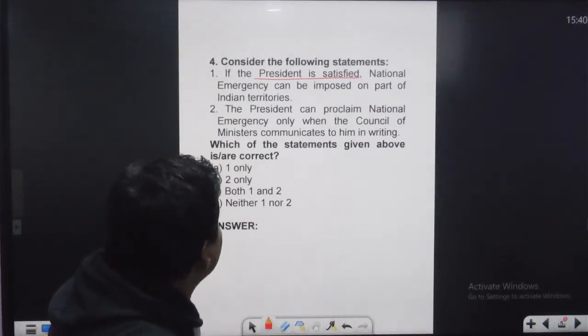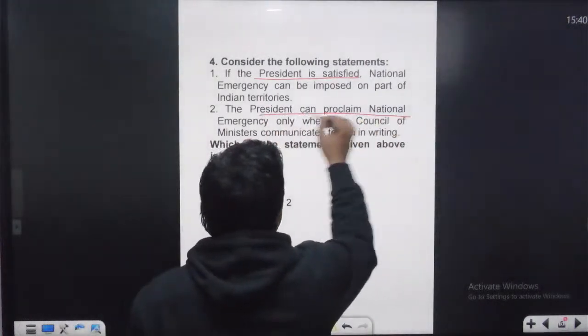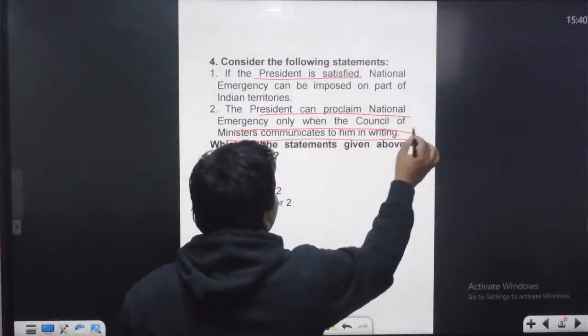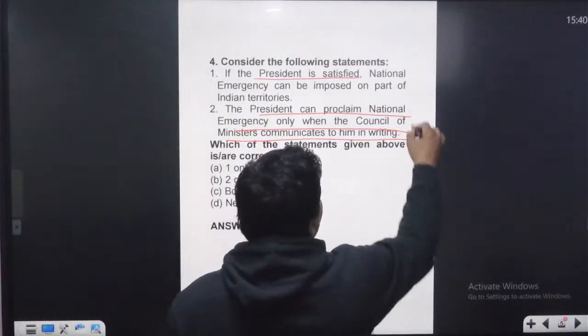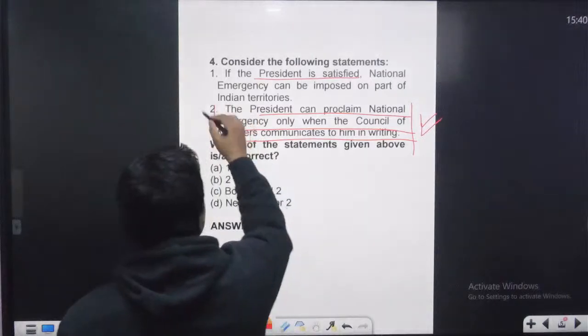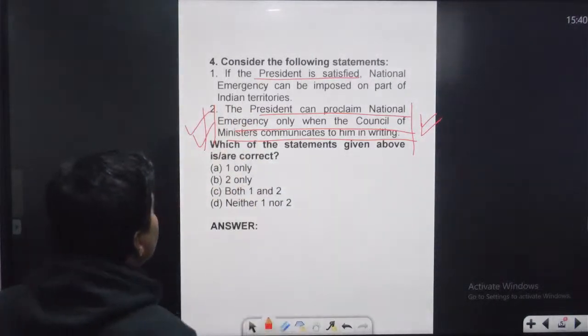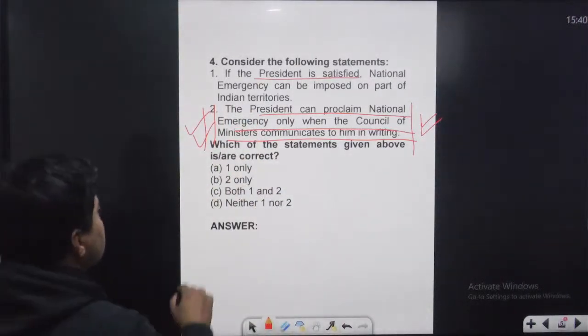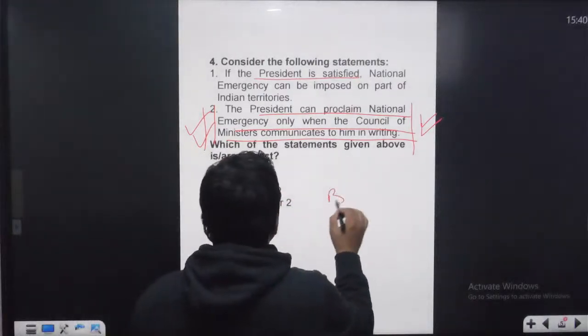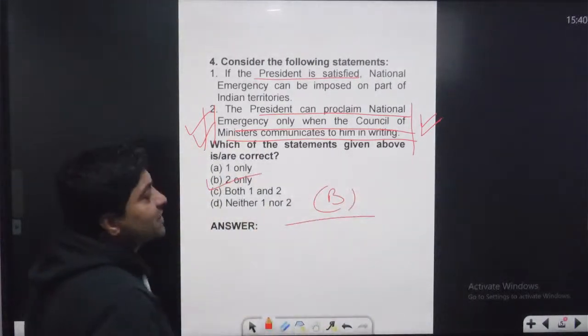The president can proclaim national emergency only when the Council of Ministers communicate to him in writing. Yeah, this is correct. So 1 is not correct, 2 is correct. You can see B is the correct answer.